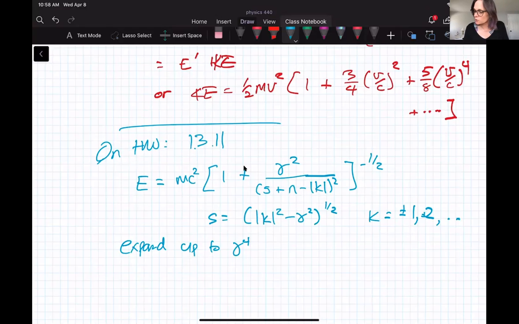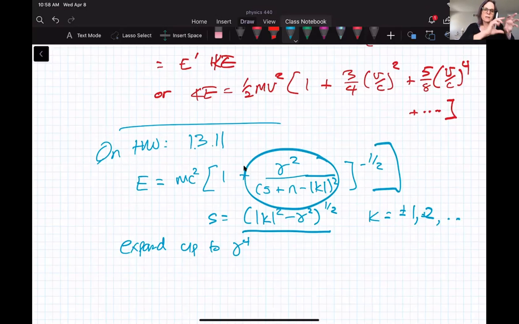You're going to have gammas and Ks and Ns, but no S. So when you substitute in what S is, you're going to need to take about 3 different expansions, in other words, 3 different approximations. You need to approximate this, and then approximate that, and then approximate that.